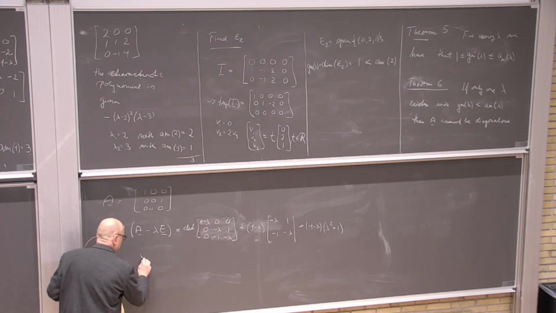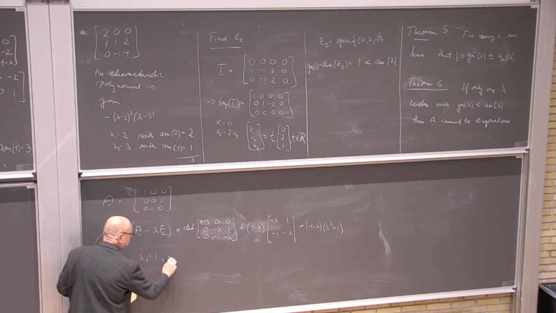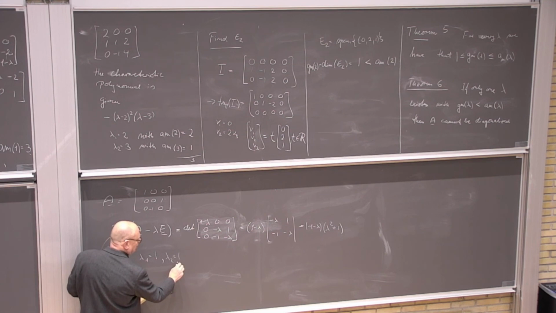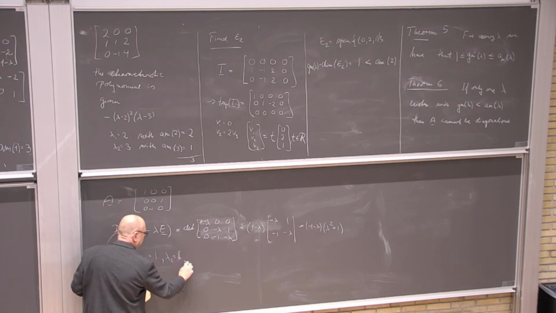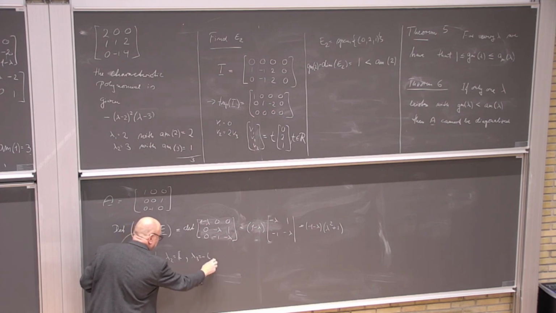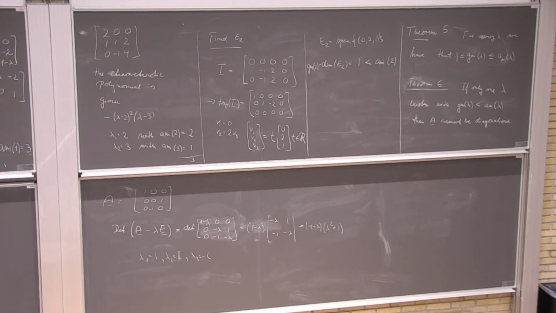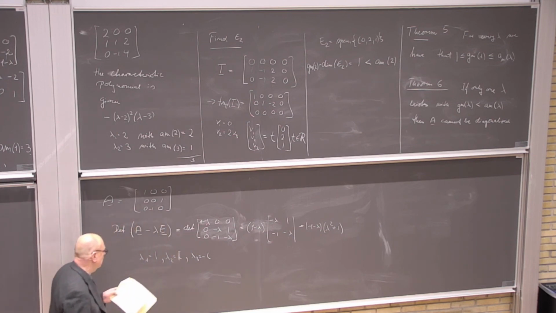Because it's factorized, I can immediately write down the eigenvalues. I get lambda 1 is 1, lambda 2 is i, and lambda 3 is minus i. Here I have to use complex solutions to this equation.